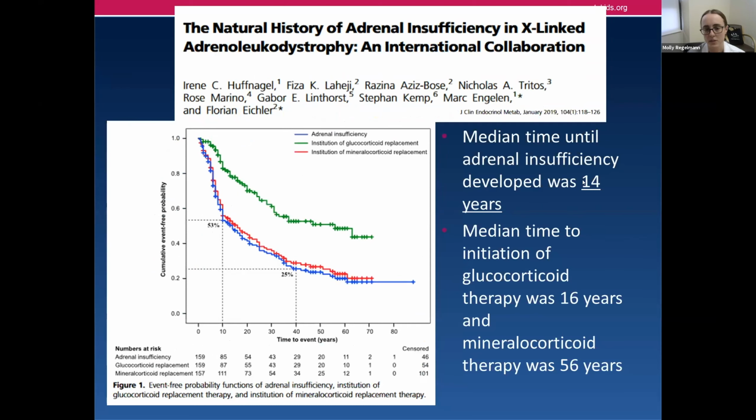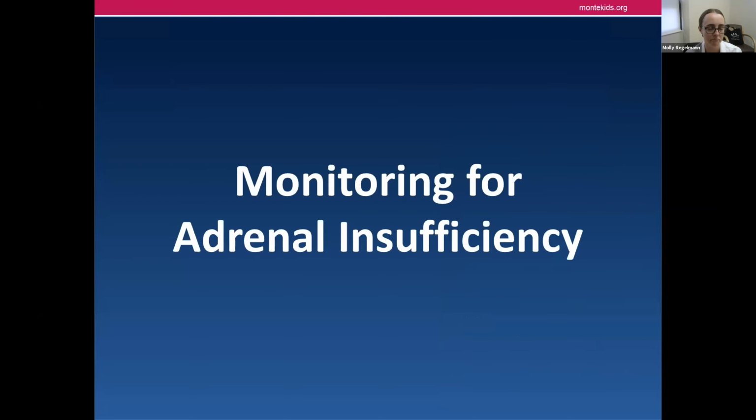In their study, the median time to developing adrenal insufficiency was 14 years, and the median time to initiating therapy was 16 years. So again, there was a delay in starting therapy, and the mineralocorticoid therapy started much, much later into adulthood. So what do we do for monitoring?